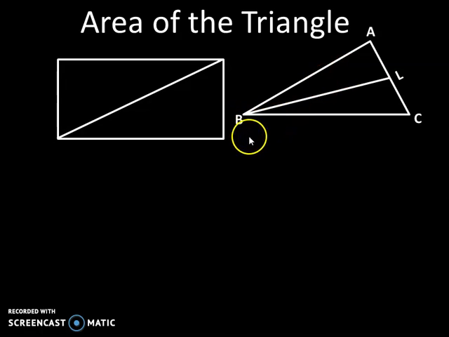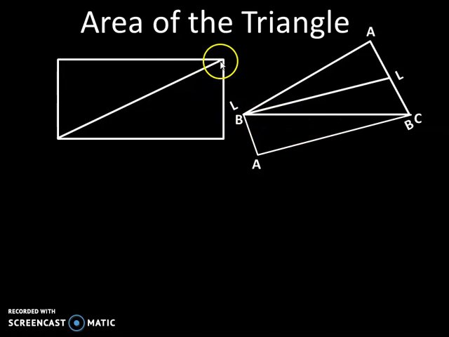If we take this partition, triangle ABL, and put this half triangle on the opposite side of BC, what will happen? We will get ABLC, a rectangle.